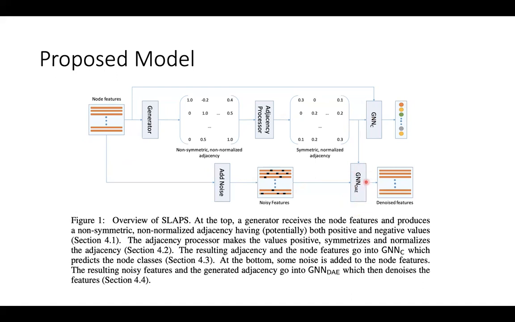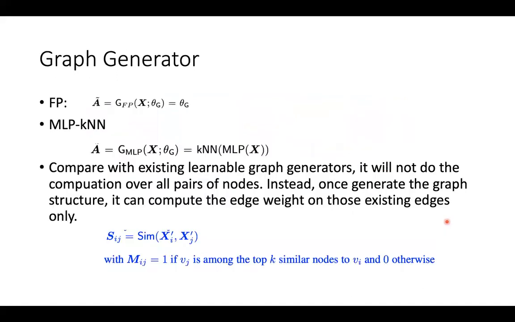Based on the input noisy features and the generated graph, the second GNN tries to recover the original features, that is, to denoise these features, to make them as close as possible to the original features. So that's essentially the overall framework. We're going to look at each of these components in detail.